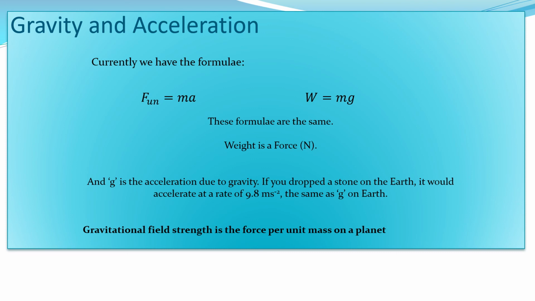So in other words, a really important bit here to remember is this statement here in the middle. If you drop something on the Earth, its acceleration is 9.8 because its acceleration is just gravity. So that's the really important point for here.